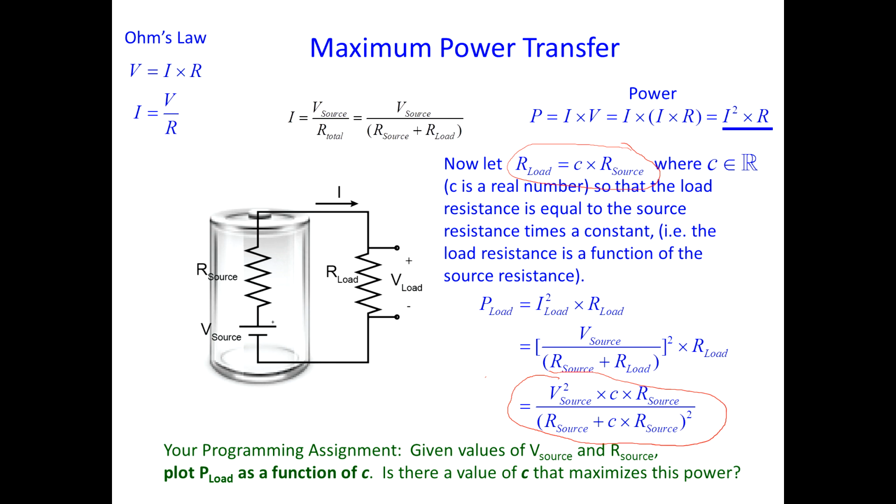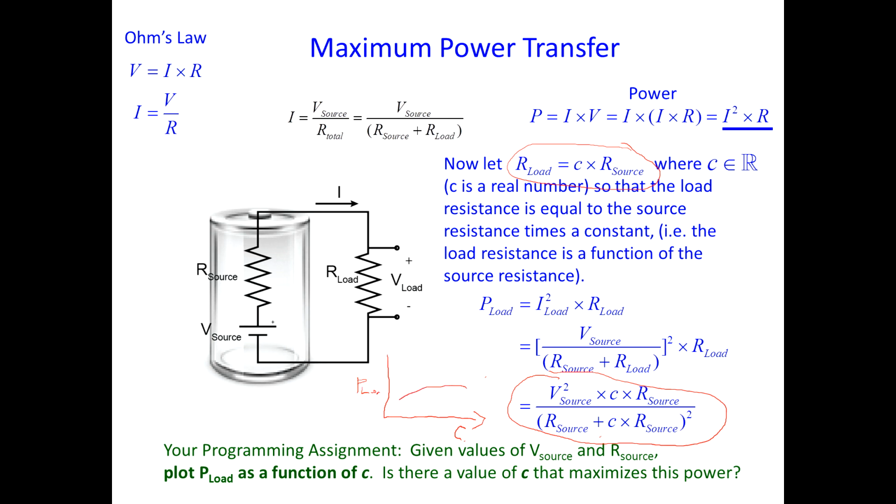Now, what you need to find out is, well, first of all, you will need to plot the load, P load, as a function of this constant value C. Okay, so in a sense, just like we did for that polynomial, instead of x, this will be different values of C, and instead of y, this will be P load.